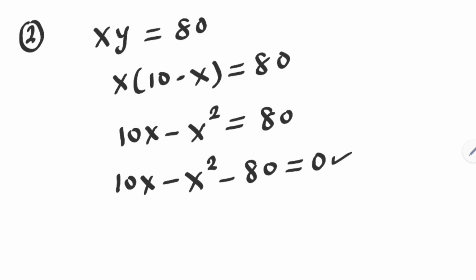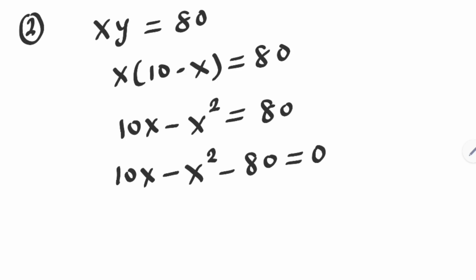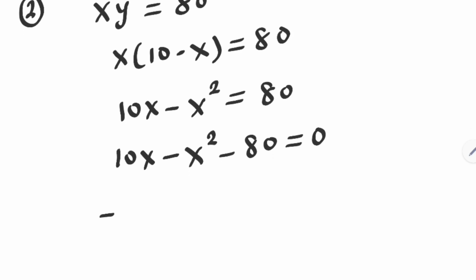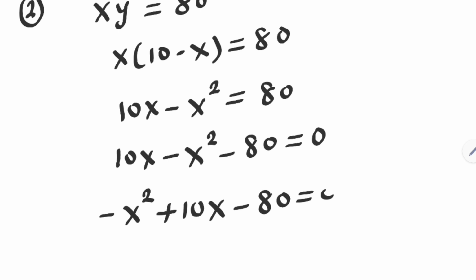This is a quadratic equation. Let us put this in standard form. Minus x square plus 10x minus 80 is equal to 0. Let us divide the whole of this equation by negative 1.